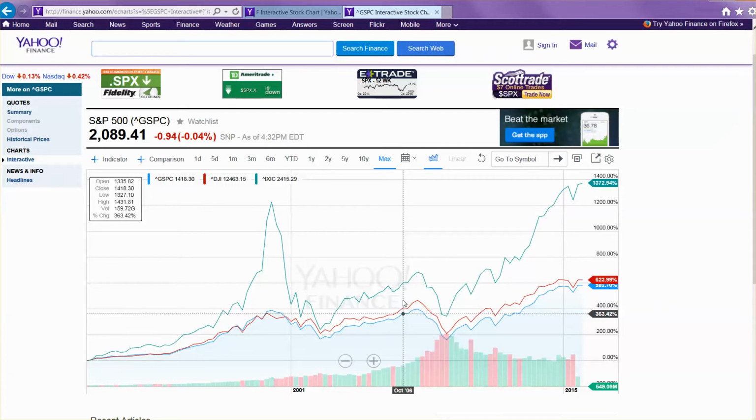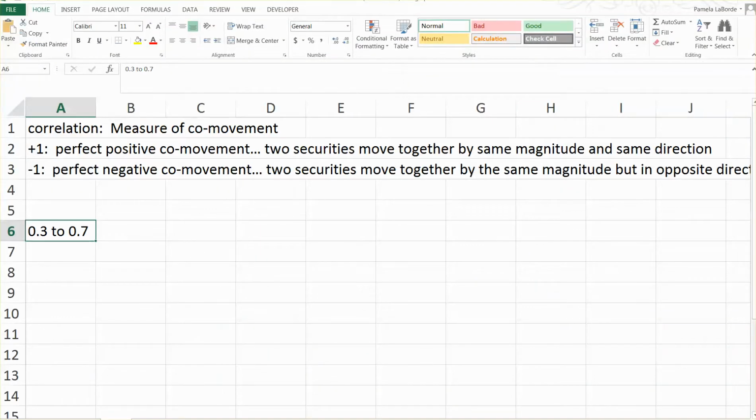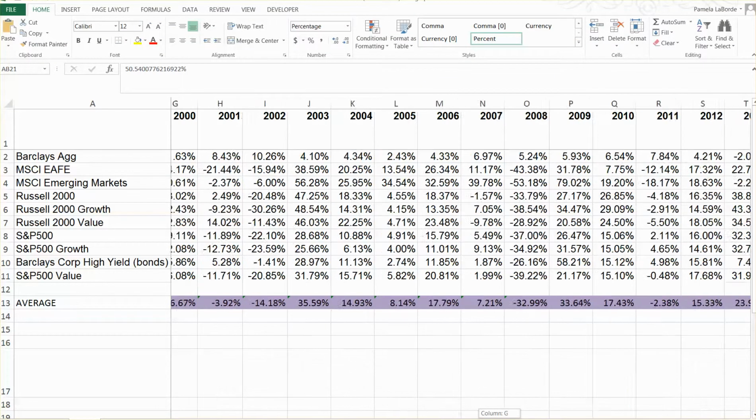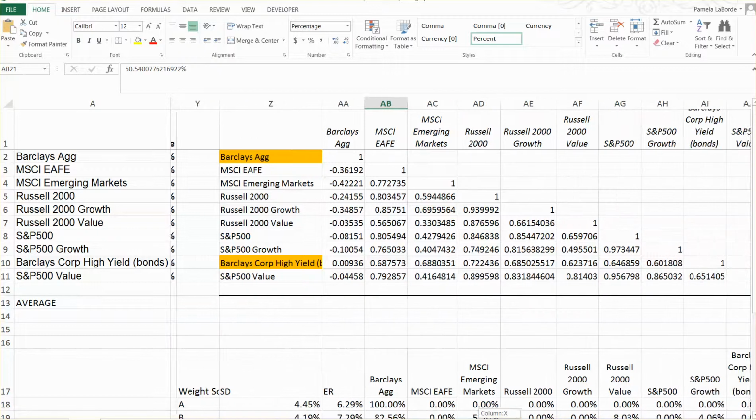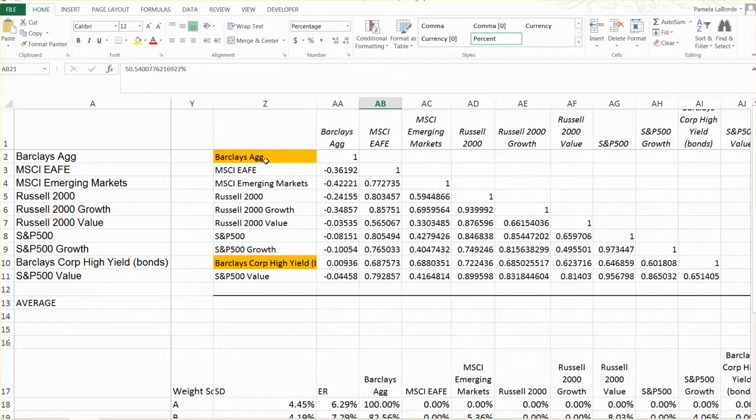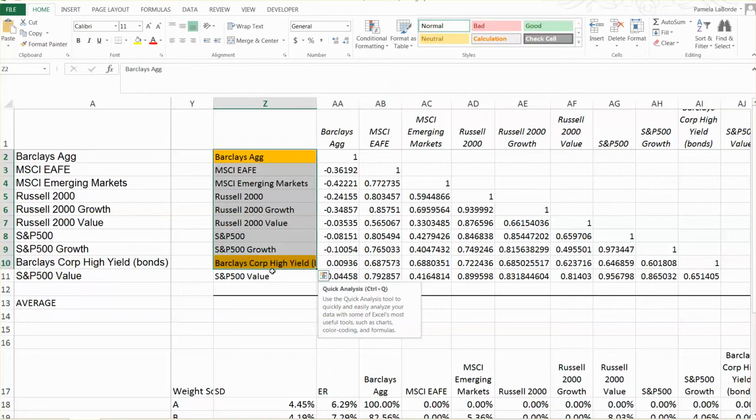But they do move positively together. So if I were to calculate their correlation, it would be a positive correlation, but not necessarily a perfect plus one, or maybe not even above 0.8. And that's actually exactly what I did here. So I have all 10 indexes. And in Excel, there's actually a function that lets you calculate the correlation.